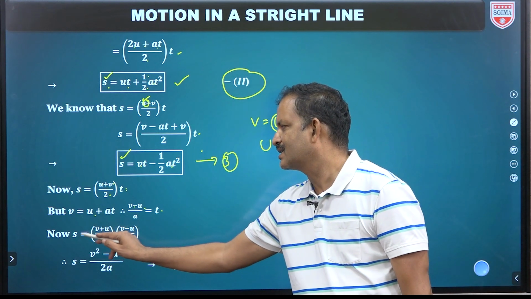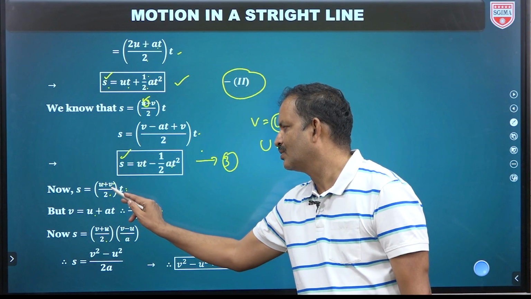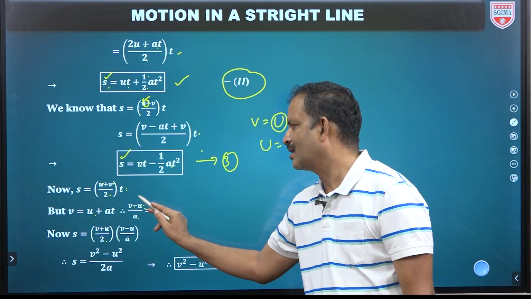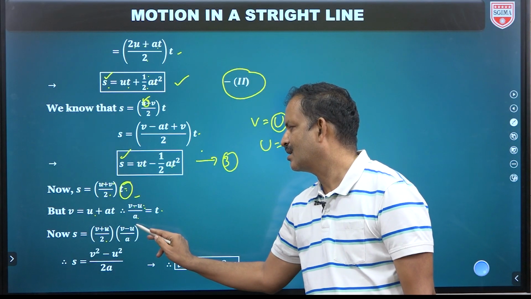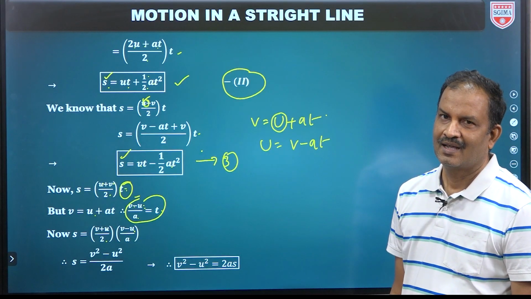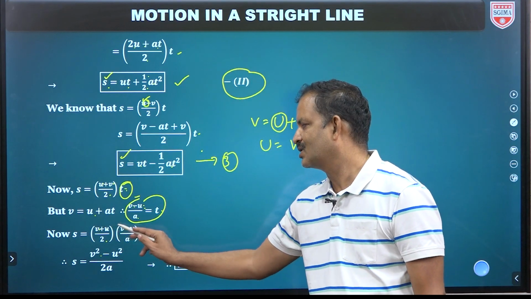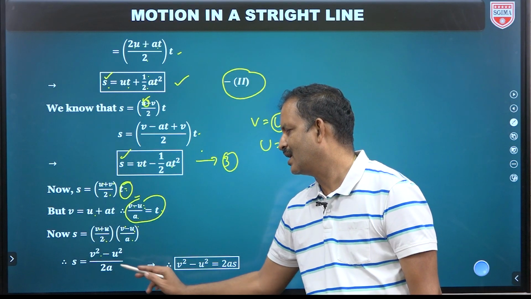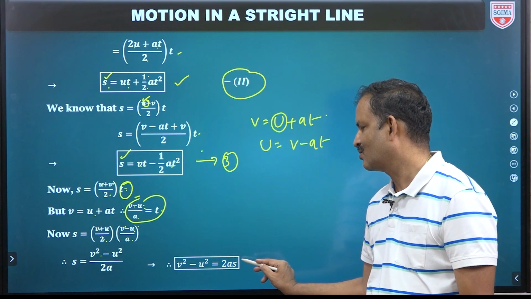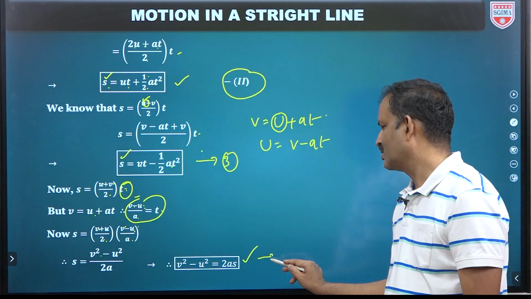Then s is equal to v plus u by 2, into time, which is v minus u by a. I am substituting this value instead of time. I got v square minus u square by 2a is s, or v square minus u square is equal to 2as. This is the fourth equation.